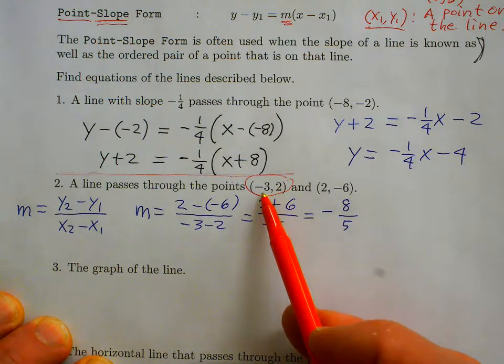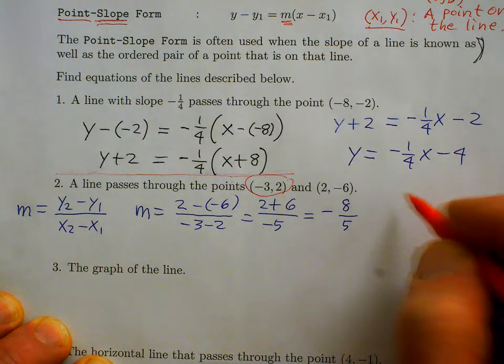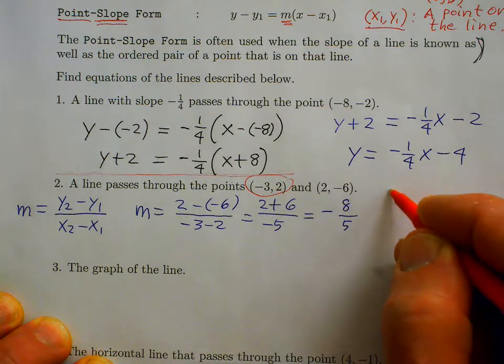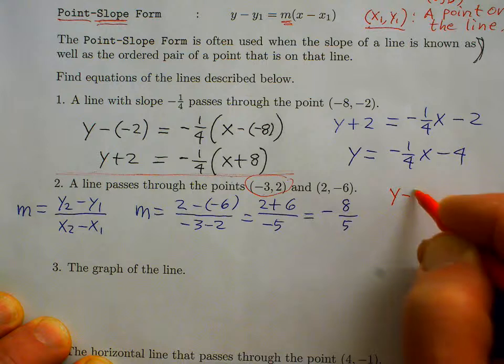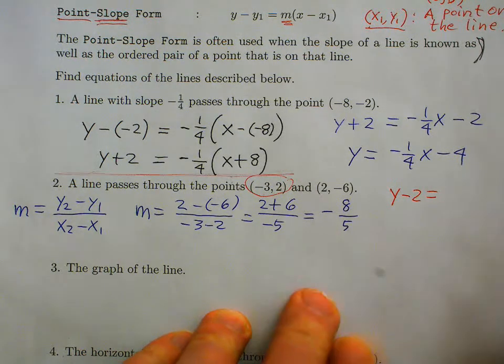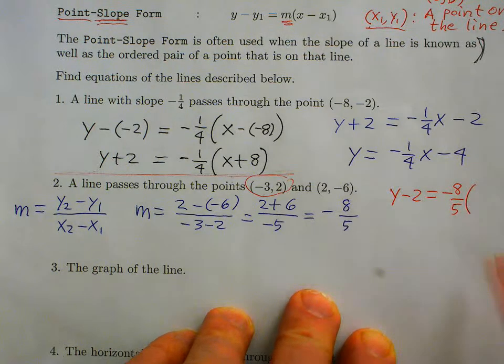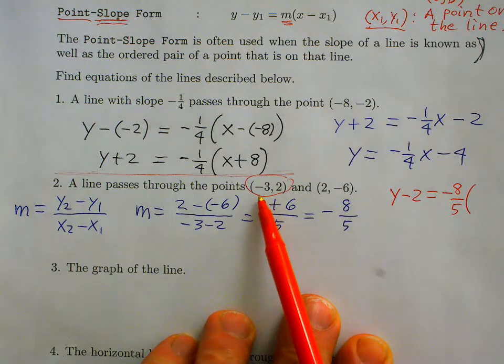So that means my x1 is -3 and my y1 is 2. So the point slope form, y minus y1, in this case, it's y minus 2. And then that's equal to the slope -8/5 times x minus -3.